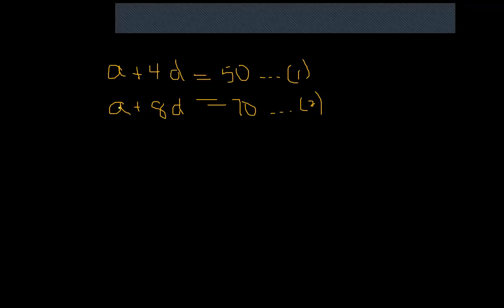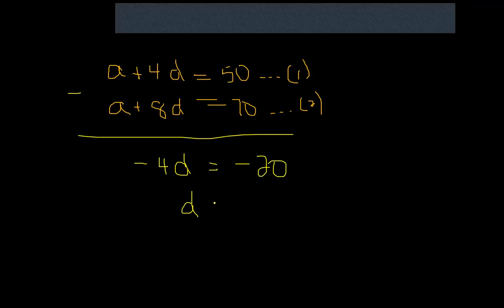So I would subtract, because A minus A is 0, 4D minus 8D is minus 4D, and 50 minus 70 is minus 20. I need to find D. Divide both sides by minus 4: minus 20 divided by minus 4 gives me a positive 5.